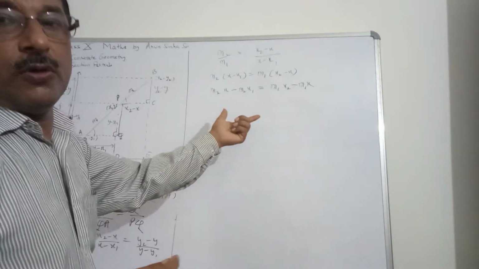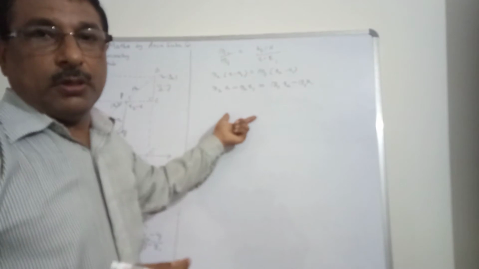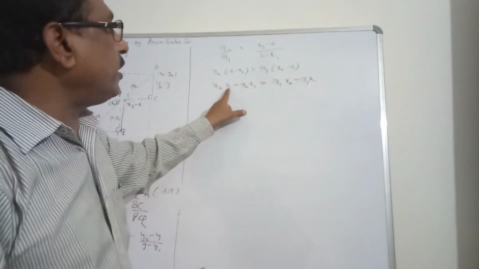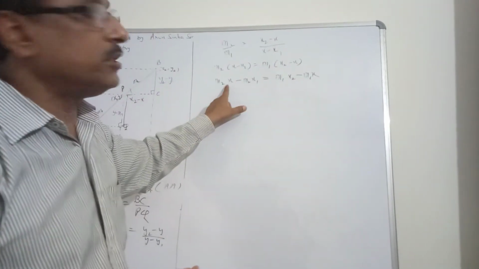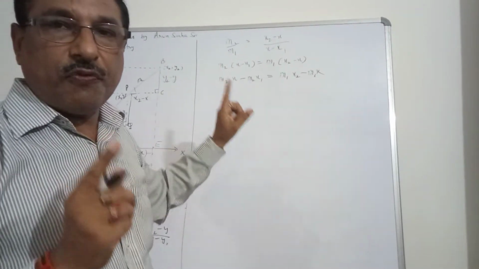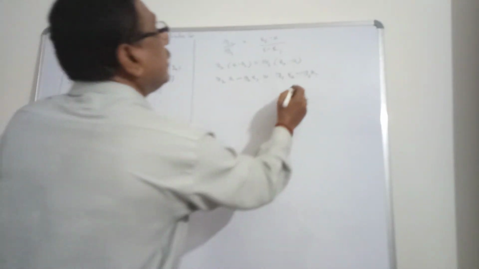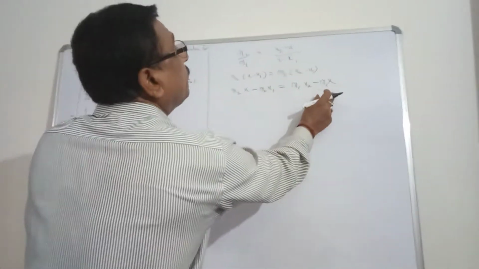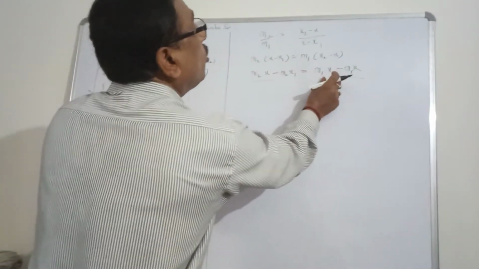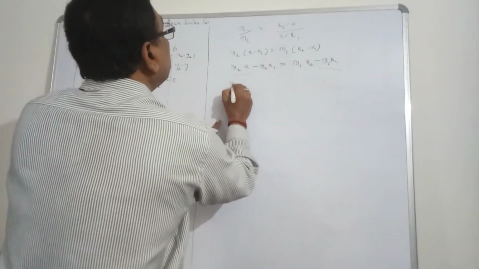Now what next? Why are we doing such a process? Because we have to calculate this value x, because you can see children, this is the unknown quantity. So we have to find the value of x here. So this term on this side and this known quantity on this side. What will we get children?